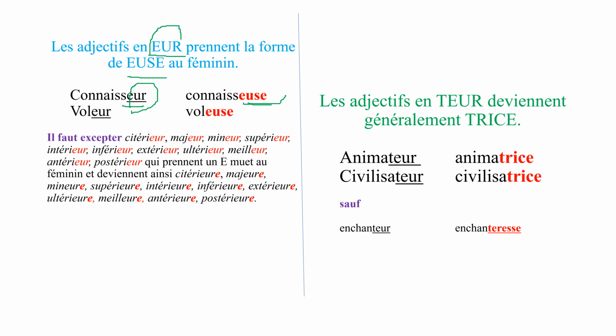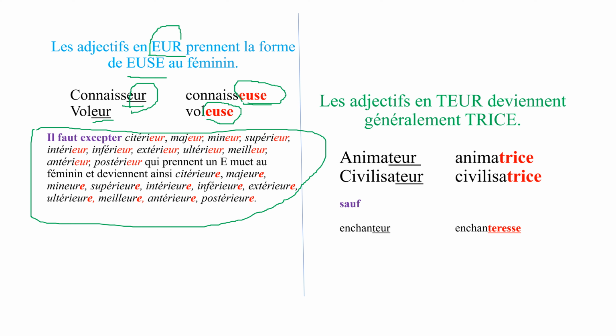Voleur, meaning a robber, a crook, becomes voleuse. You change the EUR into EUSE. However, there is a full list here of exceptions. You can put this video on pause and have a look at it and then continue.